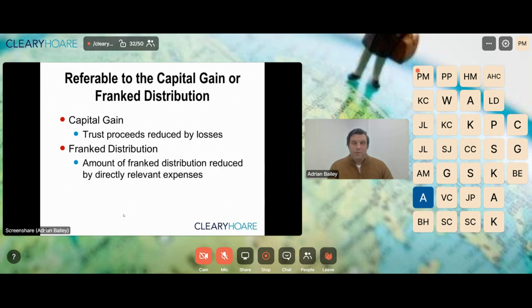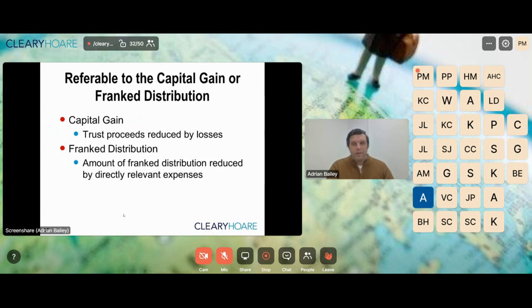You may recall one of the other requirements of being specifically entitled was that it was referable to the capital gain or frank distribution. Again, there are some definitions within the sections which outline how this occurs. So for a capital gain, it's trust proceeds reduced by losses. For frank distribution, it's the amount of the frank distribution reduced by directly relevant expenses.